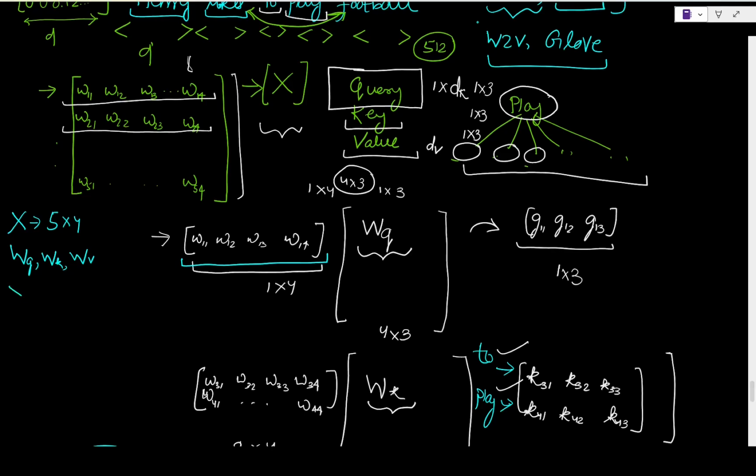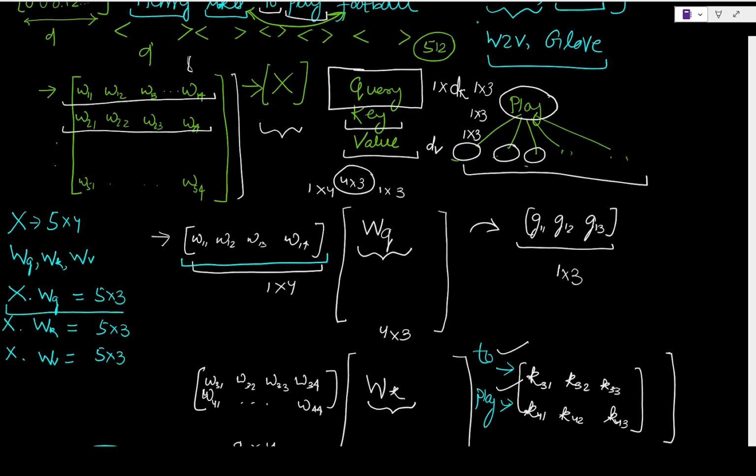So we can do entire X multiplied with WQ, which is 5 by 4, multiplied with 4 by 3 to get a 5 by 3 matrix, which will be the query representation of all the words. Similarly, X multiplied with WK gives the key representation of all the words, which will also be 5 by 3. Then you can do X multiplied with WV to get the value projections of all the words, again 5 by 3.